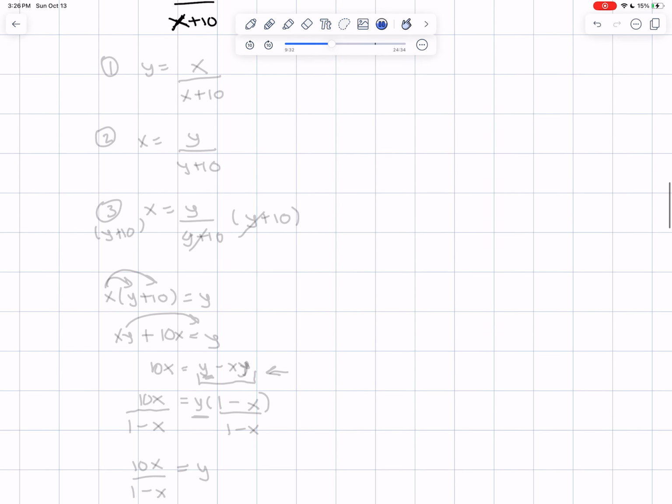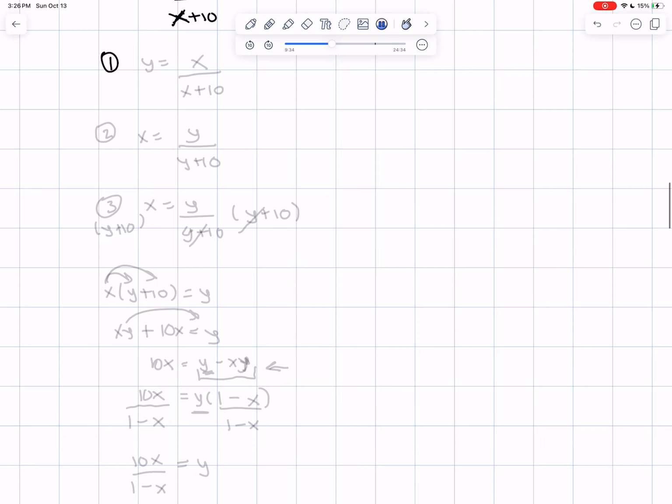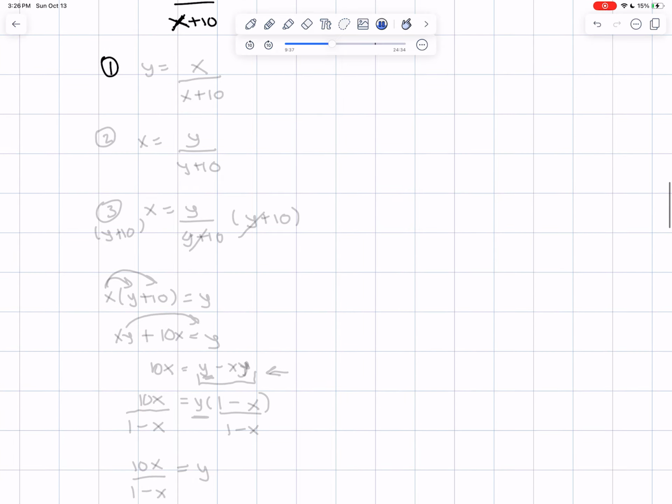So again, my first step is to exchange f of x with y. That means it's going to be y equals x over x plus 10. And then I want to exchange x and y, and then solve for y.